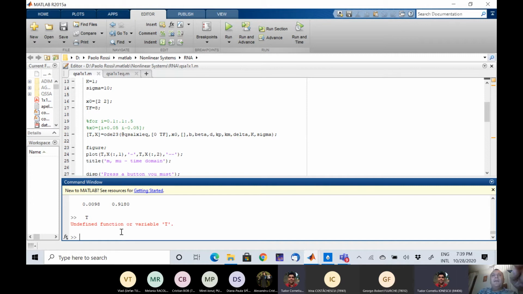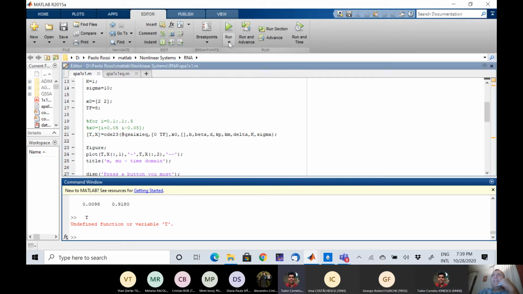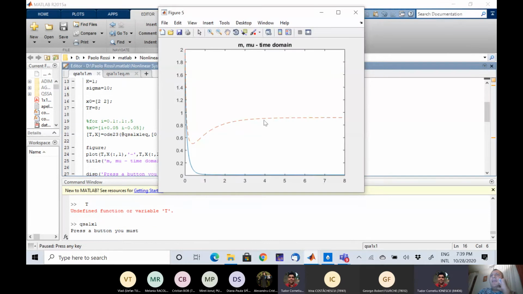Let's run it again. You see, you have time moments here. How do we obtain this plot? It's plot T of X. So you have time moments T here and X here, right? At each iteration, you compute another X and another T.